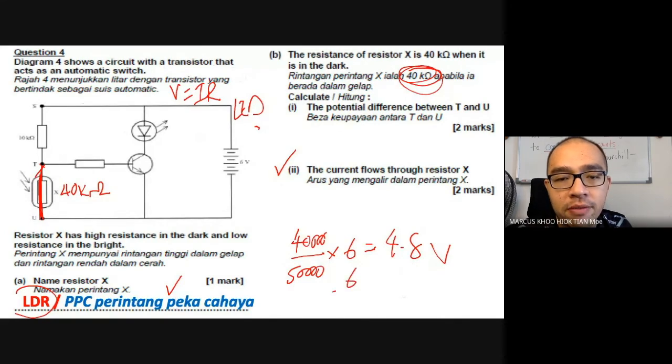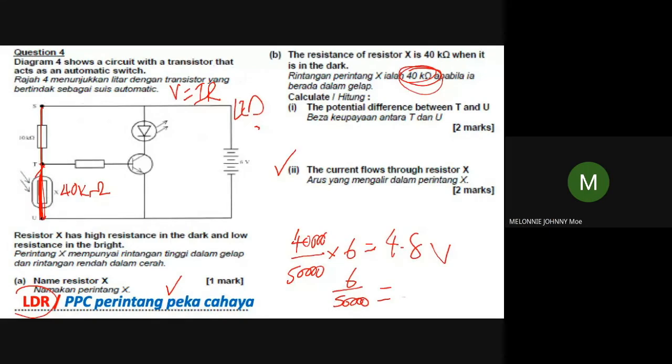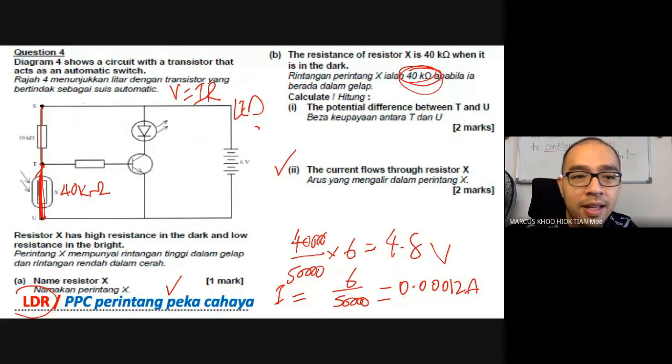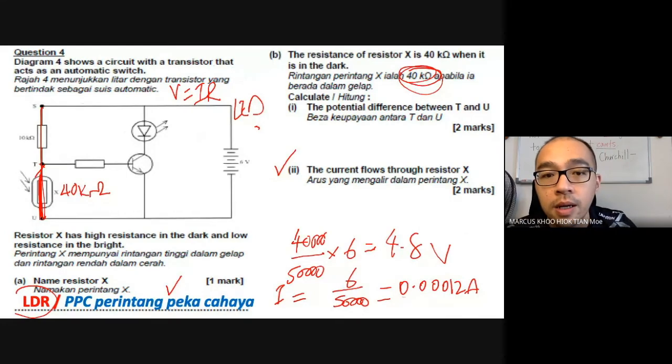Okay, fine. 6 divided by 50,000 equals to? 0.00012 A. 3 zeros, 1, 2. Okay, I think can. Hold on. Okay, you will get these two answers.